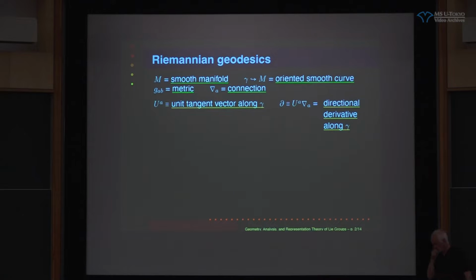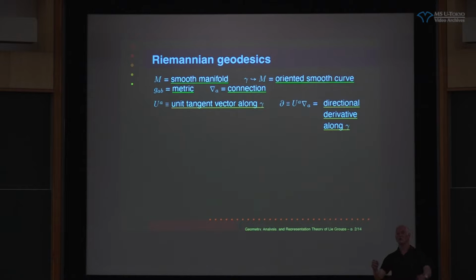Anyway, so that being said, if you've got a metric and an oriented smooth curve, you can talk about the tangent vector along that curve. That I'm going to denote by U and normalize it so that it's pointing in the direction of the orientation. And it's a unit tangent vector. And then this gadget here is the directional derivative along this curve. And you can easily check, take any tensor field you like, restrict it to the curve, apply this differential operator.